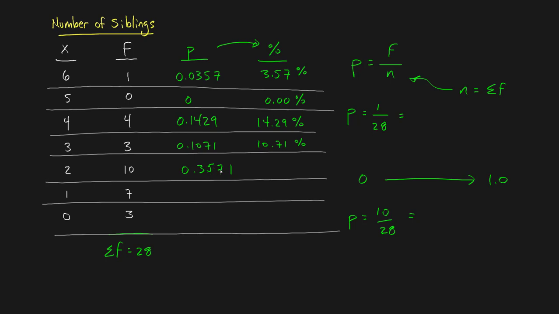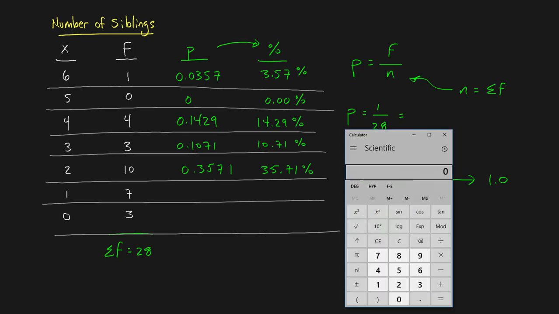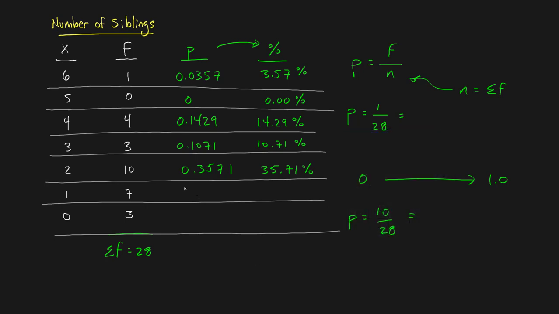Here we've already worked out our proportion. Multiply this by 100 and you get our largest percentage, 35.71%. And then 7 divided by 28, I think that one is a quarter. Let's just double check. 7 divided by 28, yeah, that's 0.25, and so this becomes 25.00%.